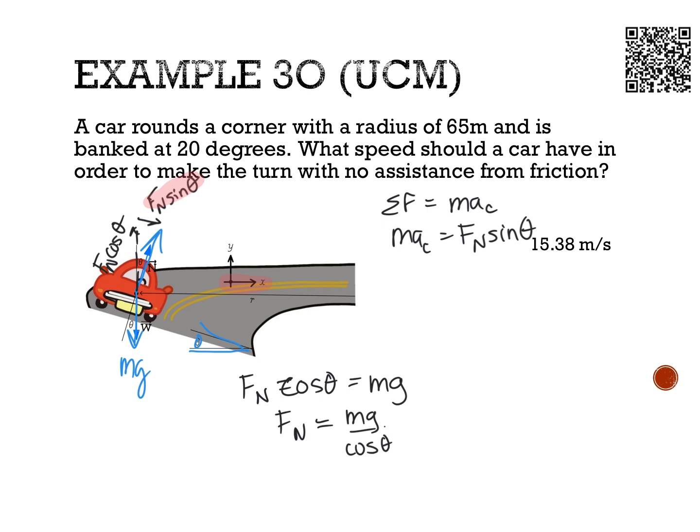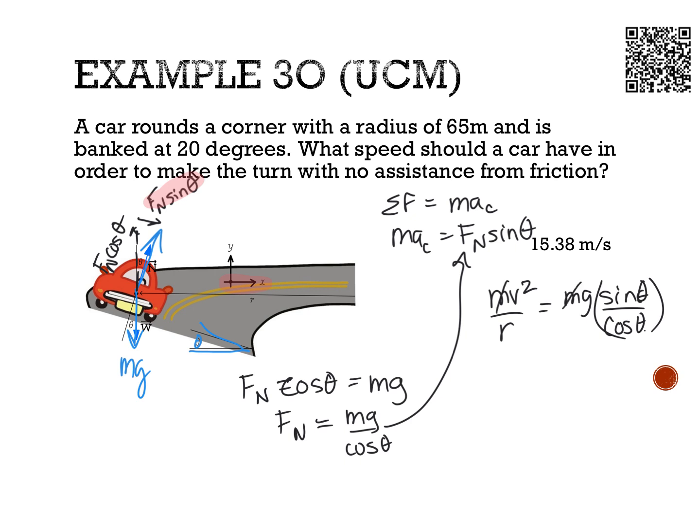Okay, so we're going to take that and plug it in right here. So we have mv squared over r, because centripetal, v squared over r, is equal to mg sine theta over cosine theta. So this itself goes together. M goes away. There's no friction. So we've got v squared over here equaling rg tan theta.